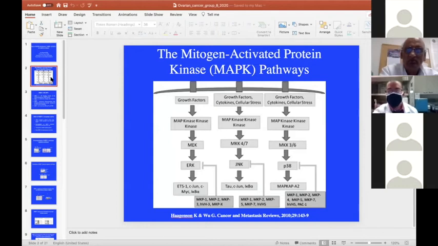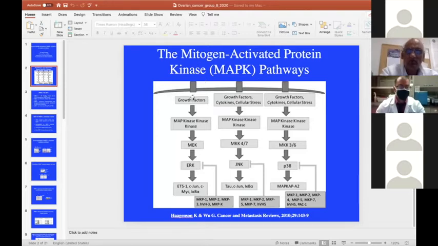Before I get into MKP1, I'd like to refresh your memory on what the MAP kinase pathway is, because MKP1 acts on MAP kinase to regulate cell signaling pathways. As you know, in mammalian cells there are three major MAP kinase pathways, namely ERK, JNK and P38.